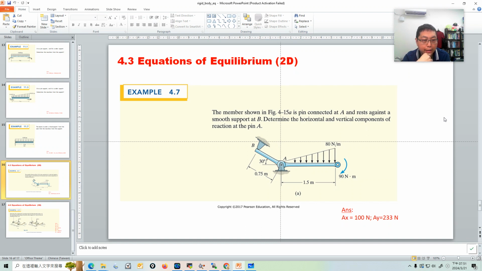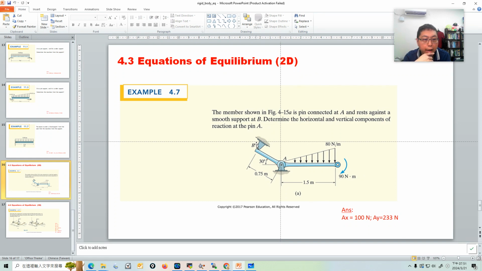It says there's a mechanical device here, and the parts join at a pin. They are connected by this pin support, so A is a pin support. Then B is called a smooth support, and as we mentioned before, a smooth support only creates a normal force on your rigid body.